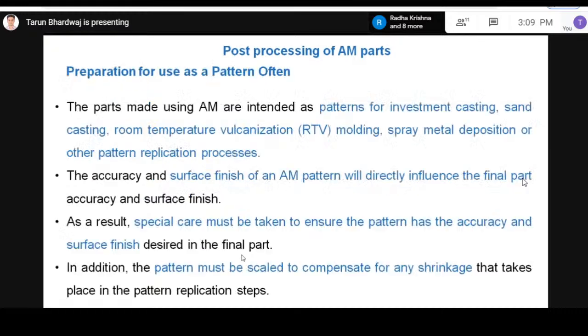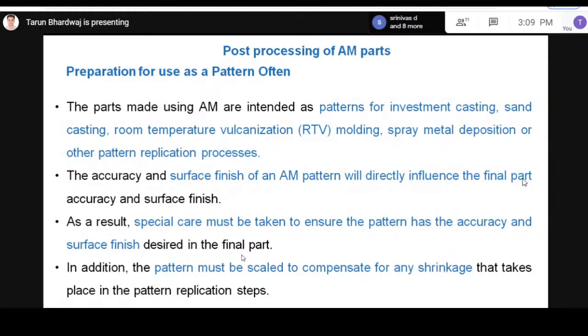Now, preparation for use as a pattern: often the parts made using AM are intended as patterns for investment casting, sand casting, room temperature vulcanization molding, or spray metal deposition. The accuracy and surface finish of the AM process will directly influence the final part accuracy and surface finish.